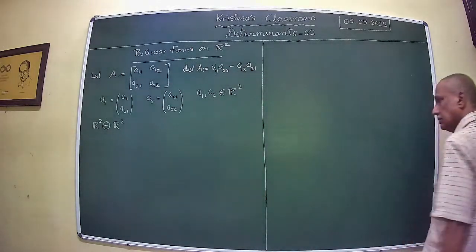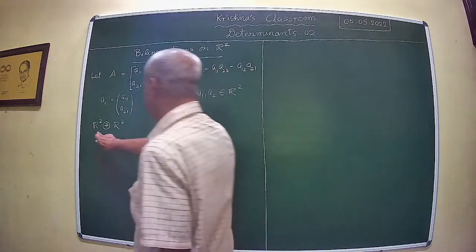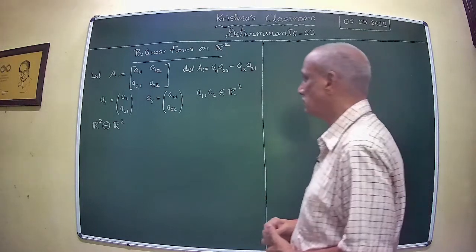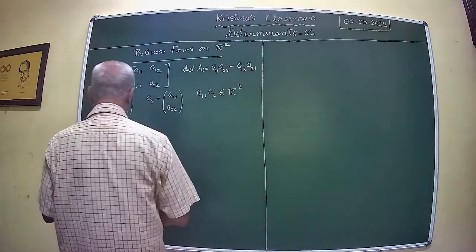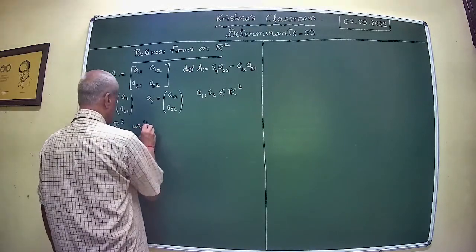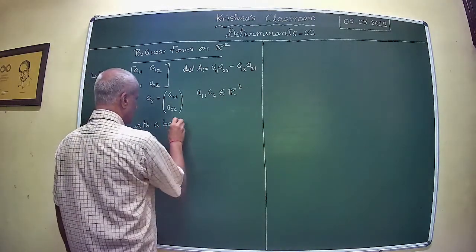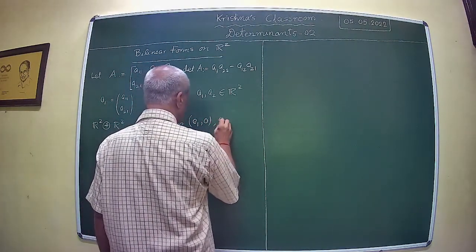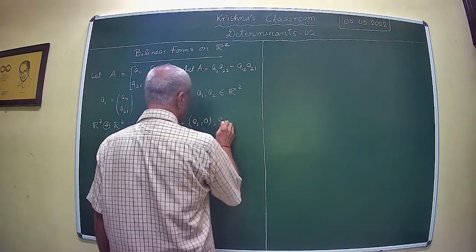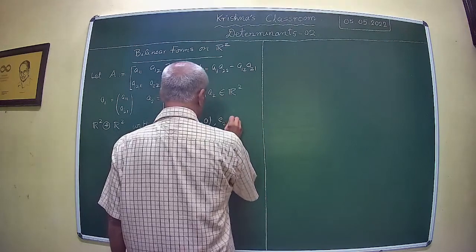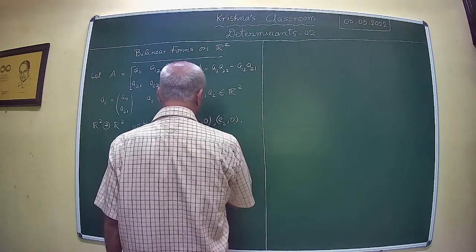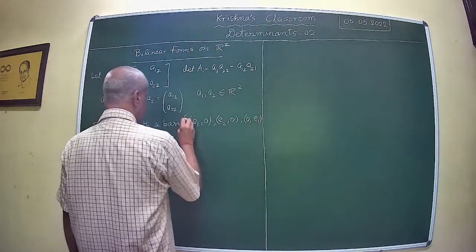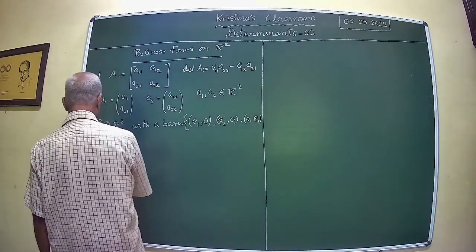Now you see that this is a vector space with possibly a basis (E1, 0), (0, E1), and so on up to E2.